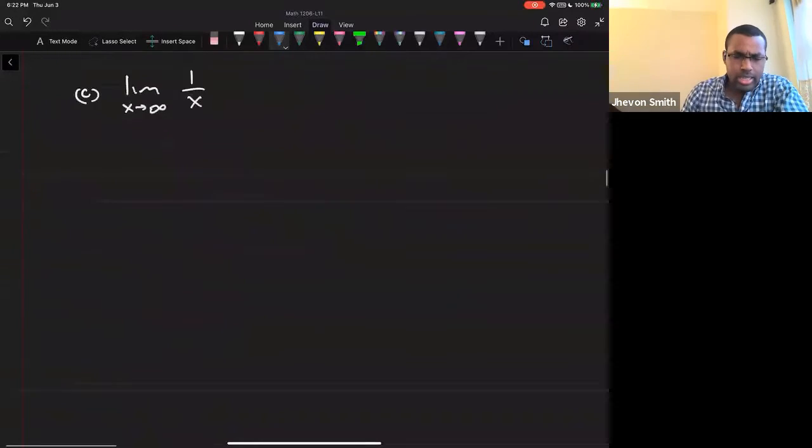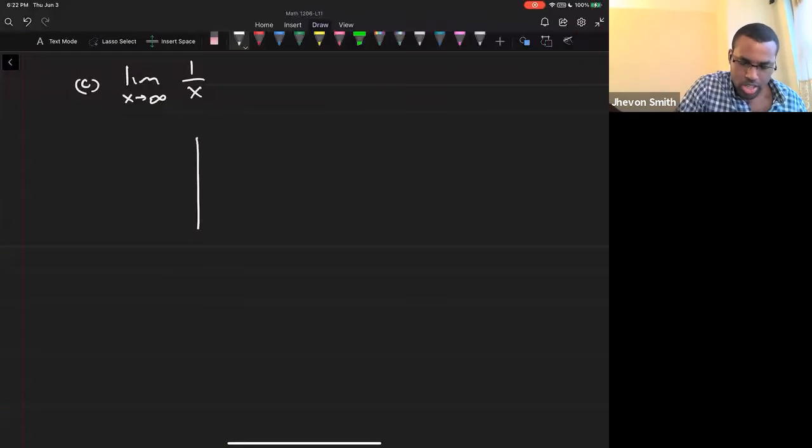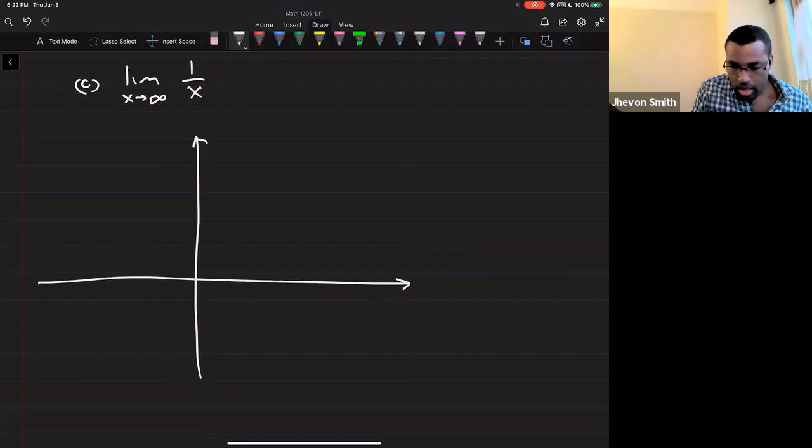Here's another example. Limit as x approaches infinity, which is sort of interesting to think about, but intuitively it's what you think, right? It means that the x value is getting larger and larger and larger without bound. You can't really stop it.